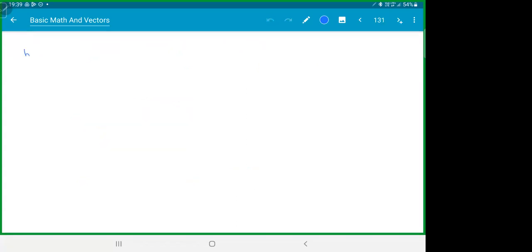Next one. Suppose mod A bar is 2 times mod B bar, which is 3 times mod C bar. They won't give you the magnitudes. And A bar plus B bar is equal to C bar. Now find the angle between A bar and B bar. It's not necessary that every time they'll give you the angles. I can give you the ratios of sides also.